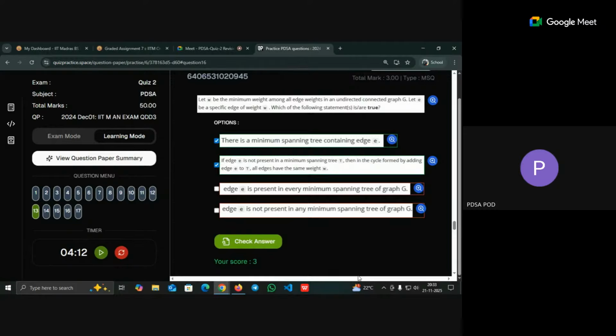Why will it not be a tree? There will be a cycle formed due to this edge E. When you add an extra edge to this spanning tree, it will form a cycle, right? Now what it is saying is, in this particular cycle, every edge will have the weight W. Is this true or not? That is the question.